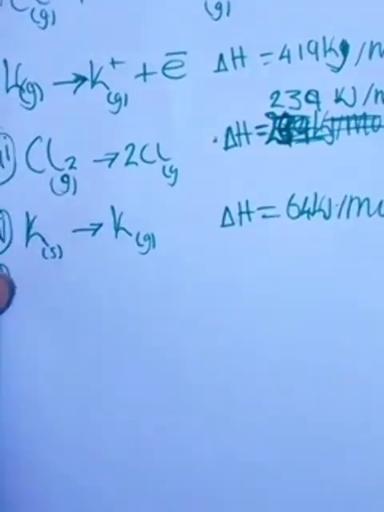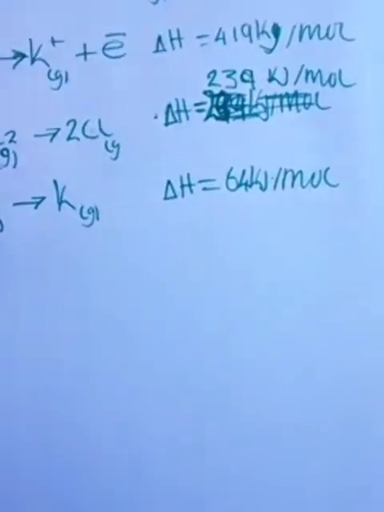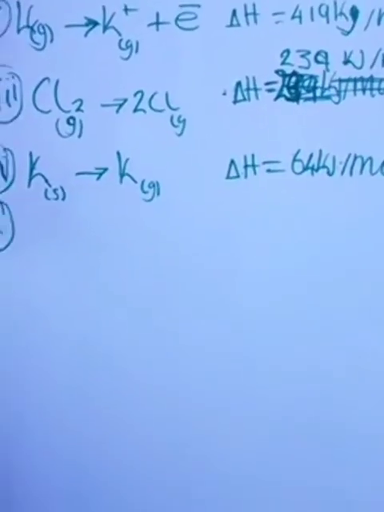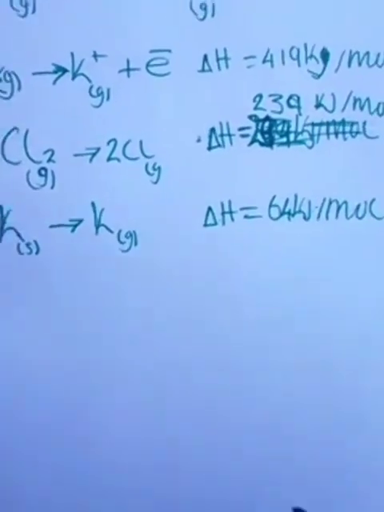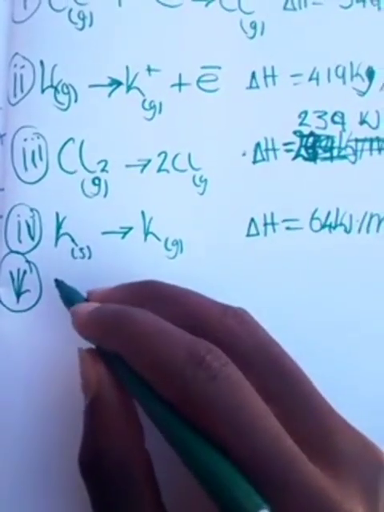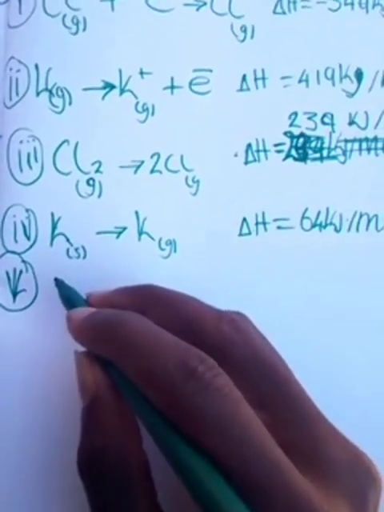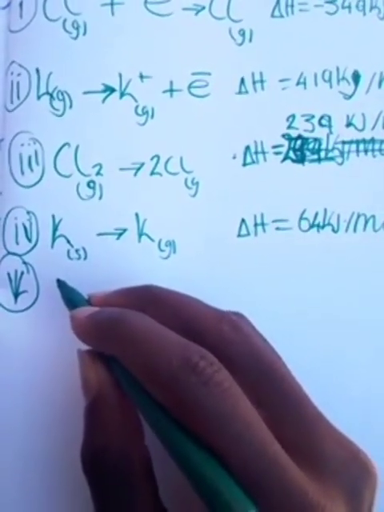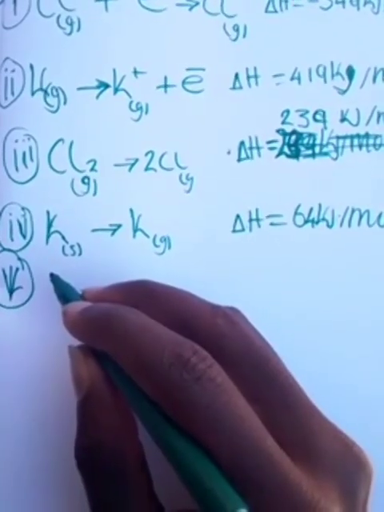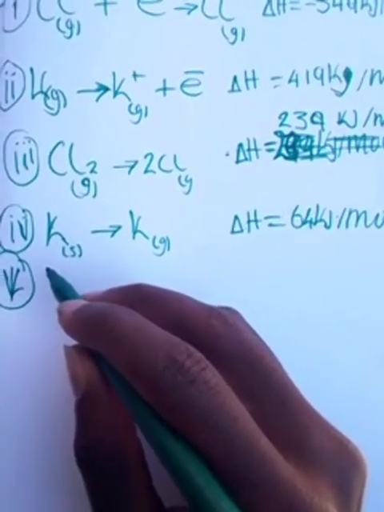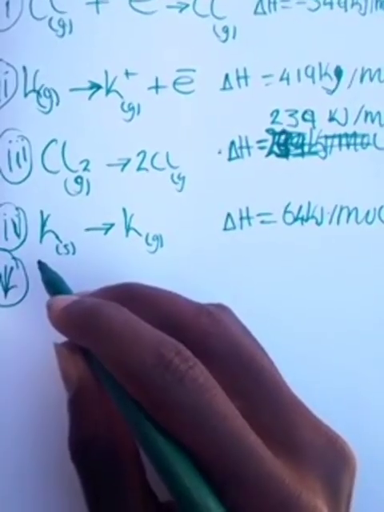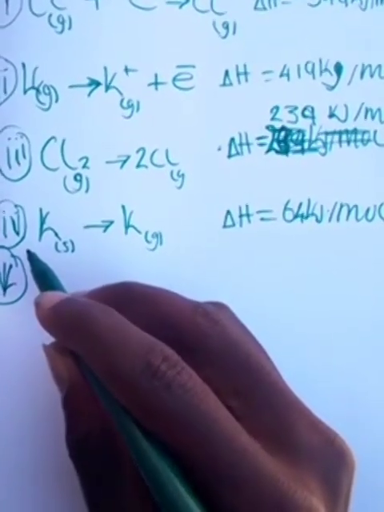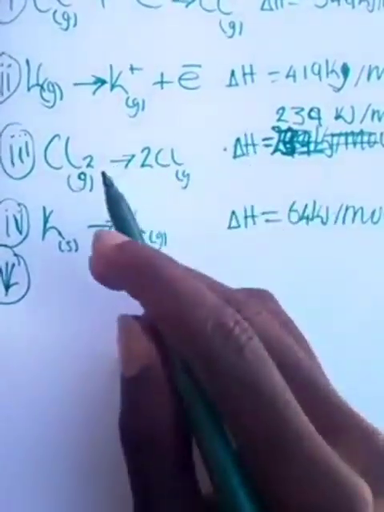If you remember, for those who have subscribed, I explained lattice energy, that it is the energy that is required to form a solid ionic compound after reacting the gaseous ions of the elements that are in the compound.